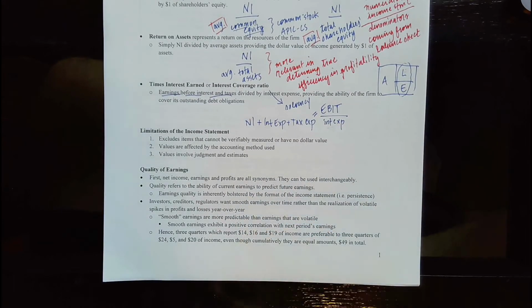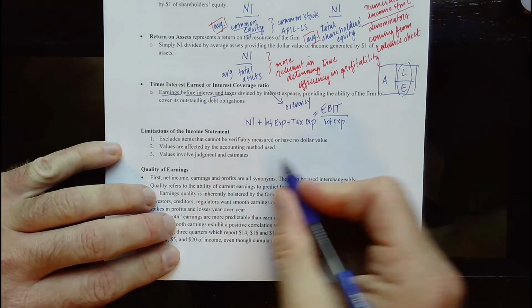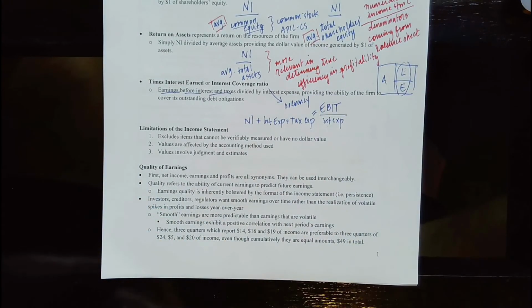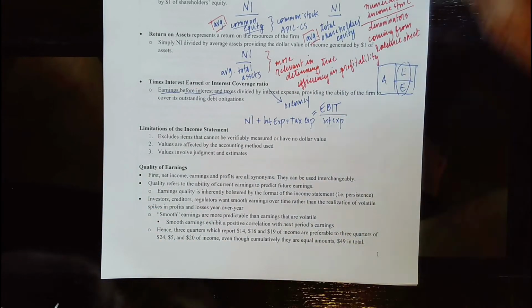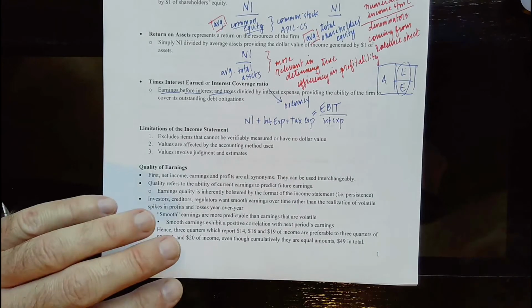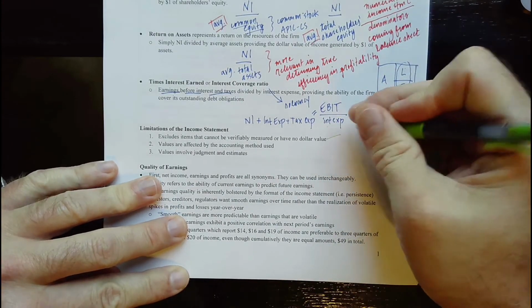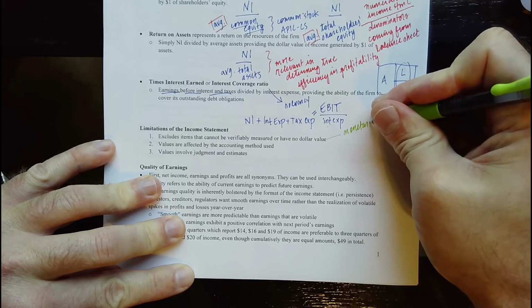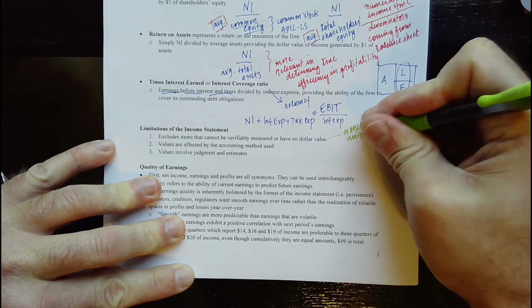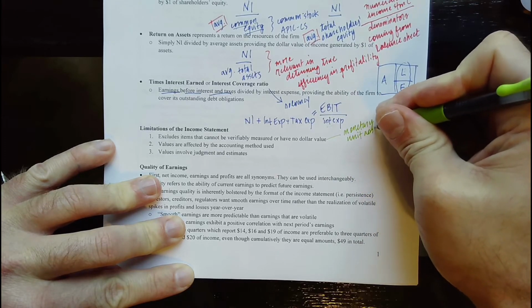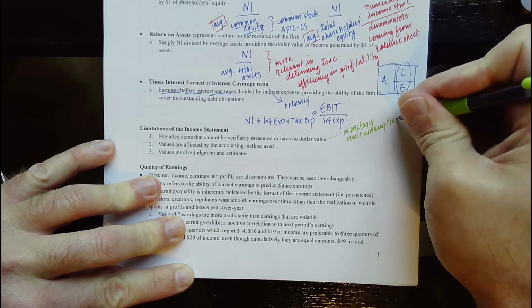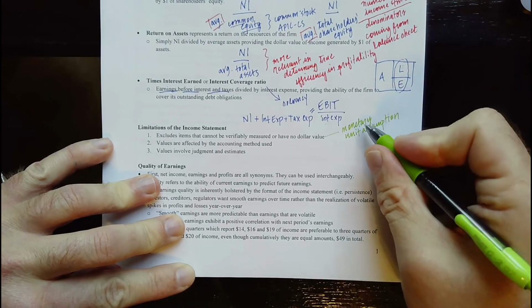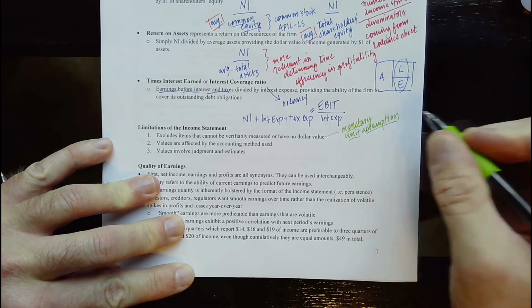One of the problems of the income statement is that it excludes items that cannot be verifiably measured or have no dollar value. Remember that this goes back to one of the topics we talked about in the very first module. This relates to the monetary unit assumption: unless something has a quantifiable dollar value amount, we cannot put it on one of our financial statements.